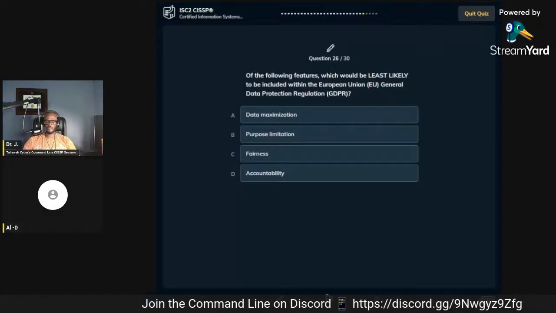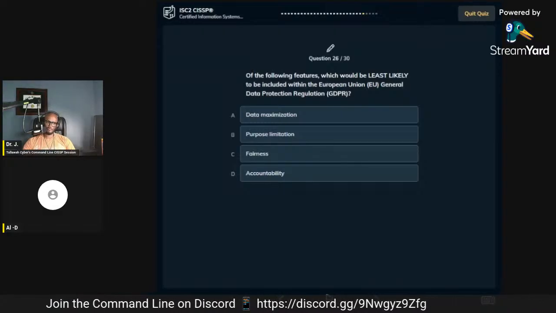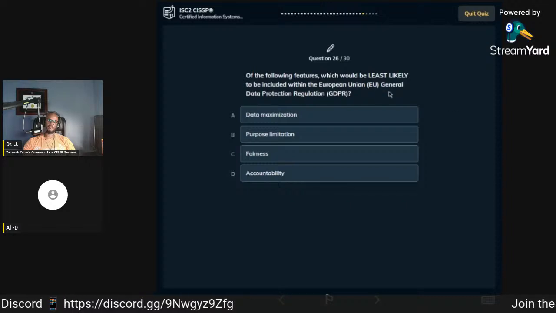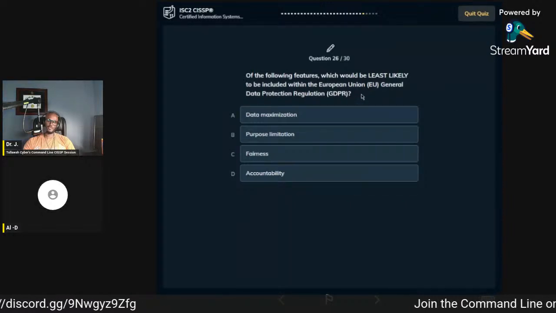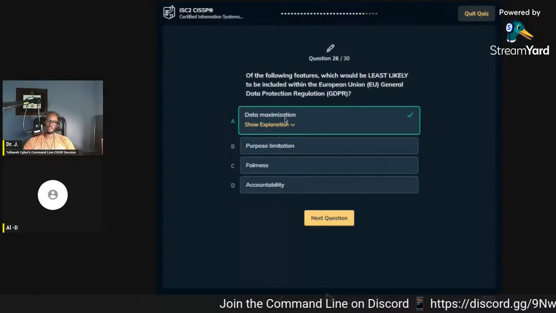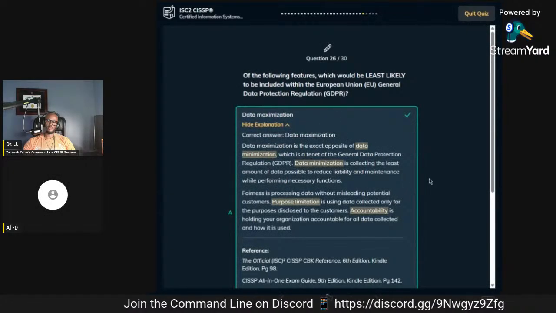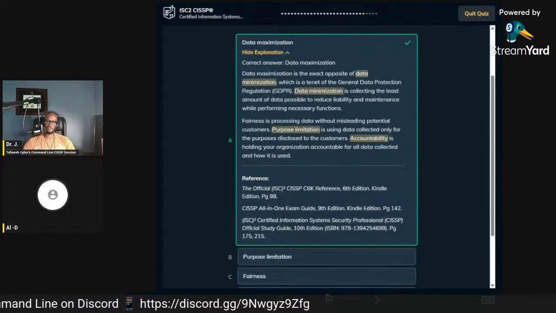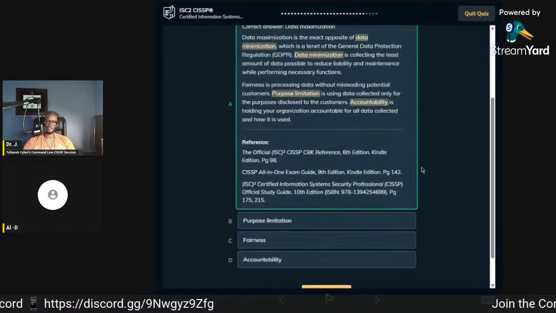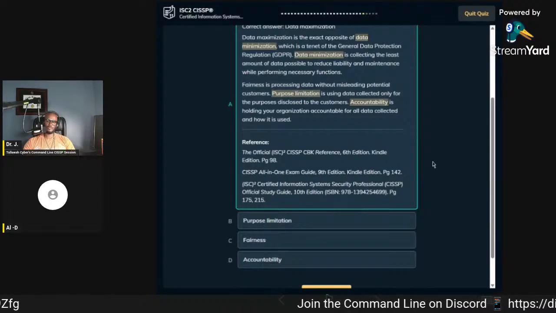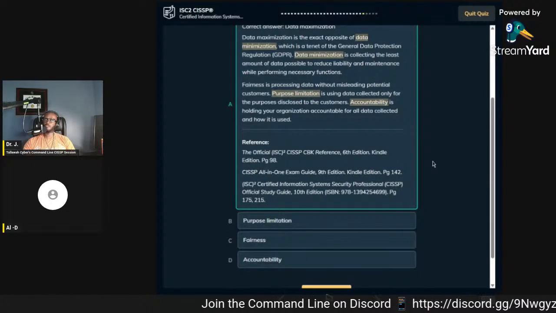Yeah, because they're very strict on how much data is being used. If anything, you want to use the least amount. So it's the opposite. It's data minimization for that. Collecting the least amount possible to reduce liability and maintenance while performing necessary functions.